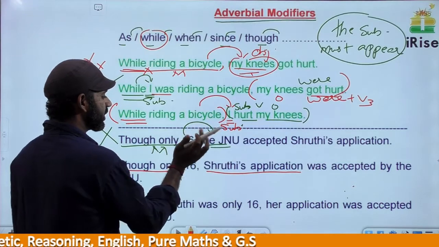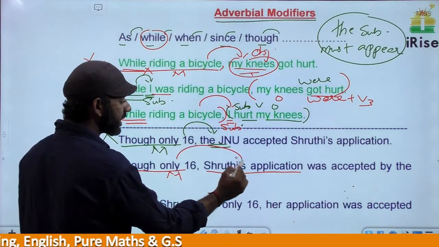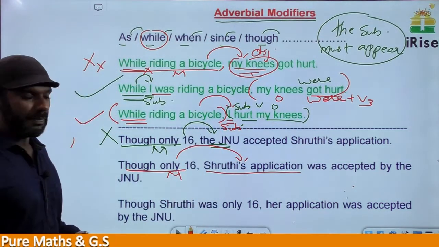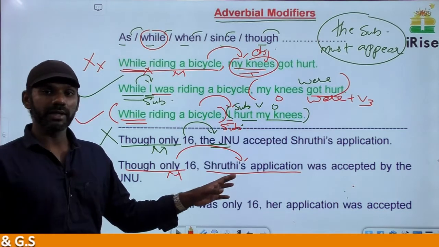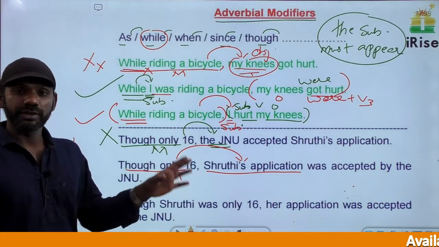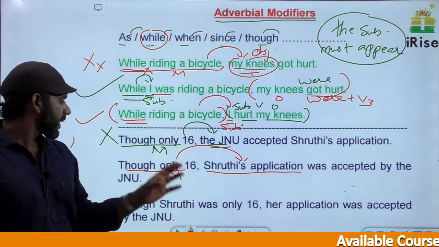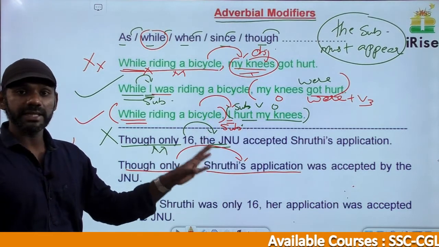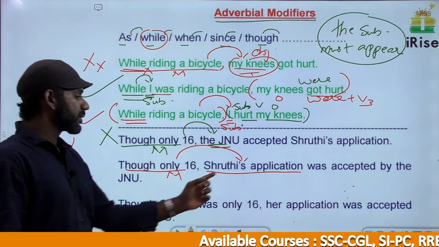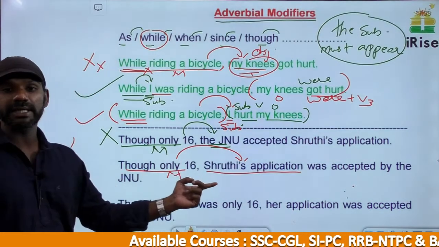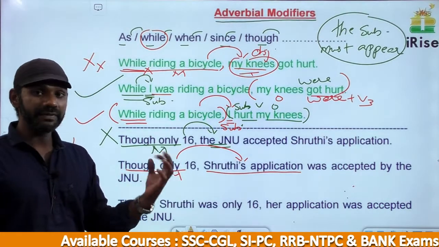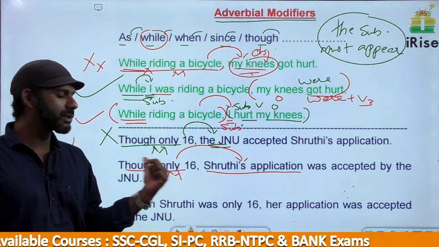So the modifier comes very close to Shruti's application. That means Shruti's application was only 16.